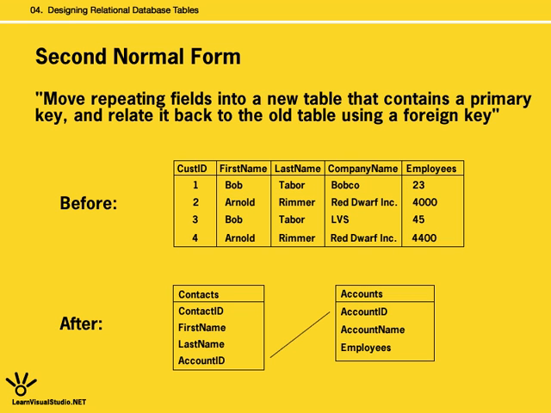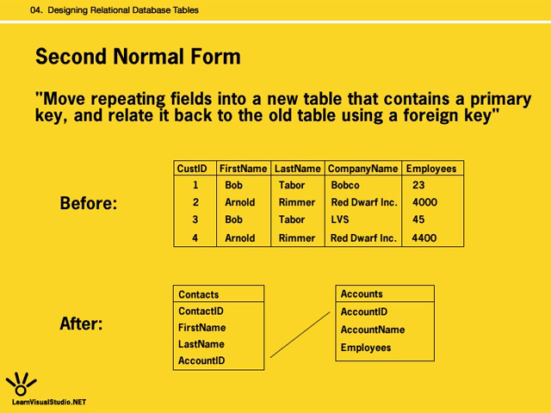What second normal form hopes to improve on is to split these out into two entities. By splitting out the company name, which we're calling accounts, from the individual people that work for the company, which we're calling contacts, we can eliminate the redundancy. And when we have new information about Bob Tabor, for example, that he works for a new company, we would just simply create a new row within our accounts table and then associate him with the new account record.